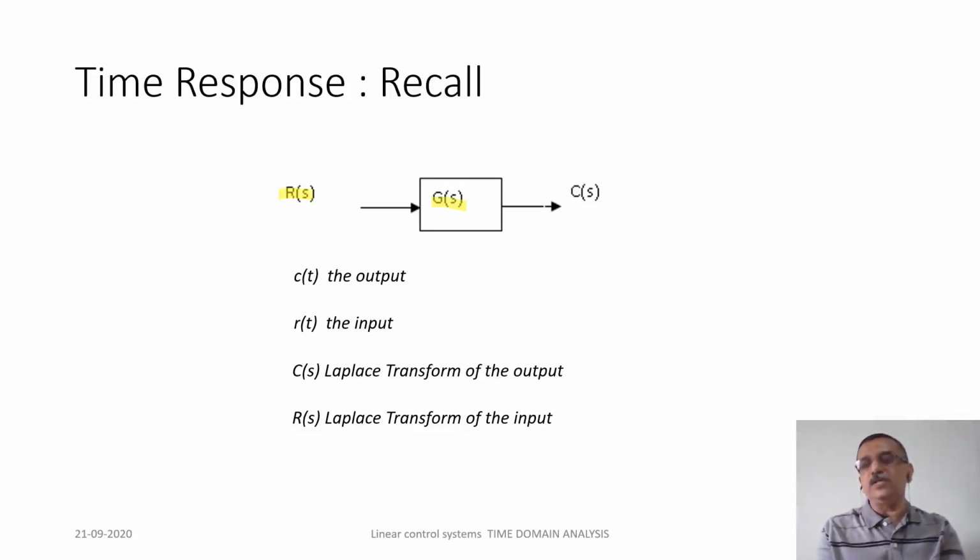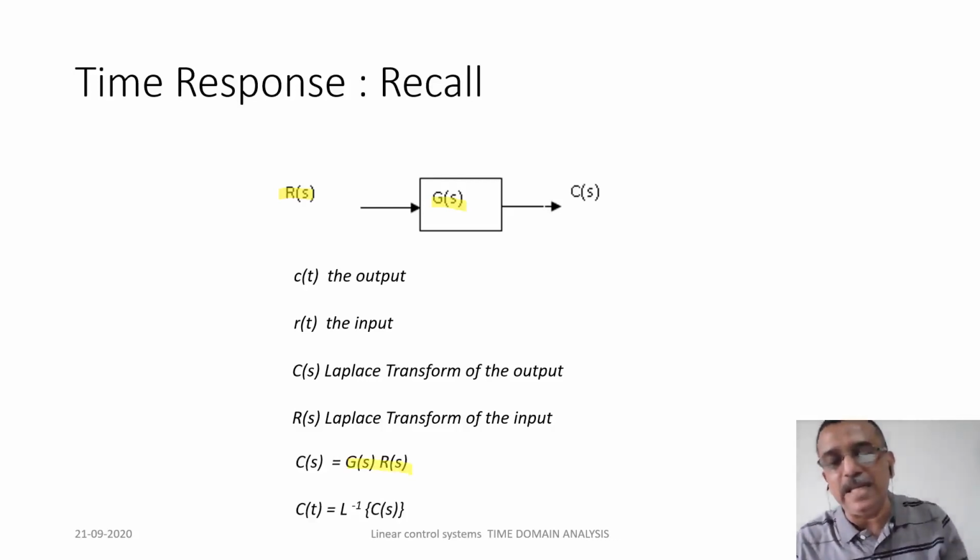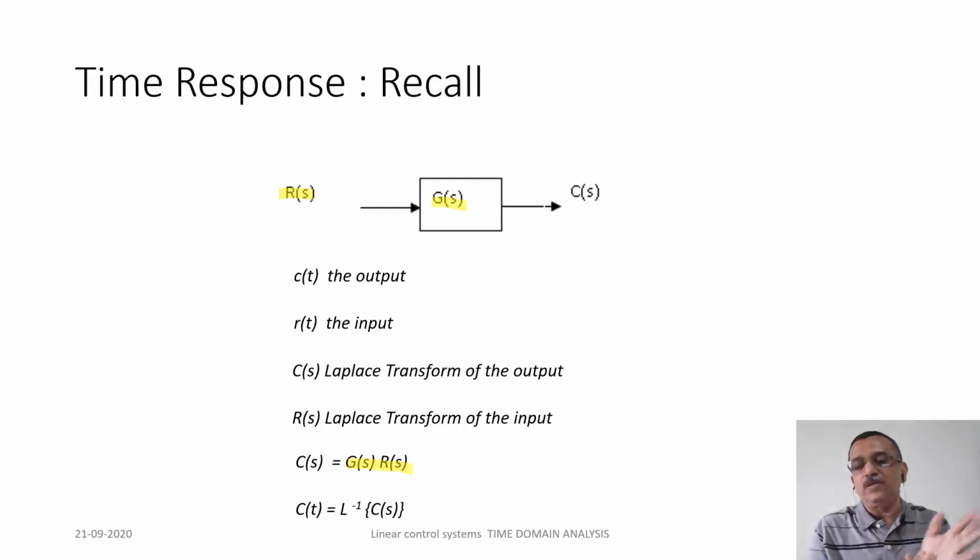Once you get C(s), you will get c(t) by taking the inverse Laplace transform. So that is the agenda. I am repeating it ad nauseam. Why am I doing it? It's so important. So C(s) is G(s) into R(s), and c(t) is the inverse Laplace transform of C(s).